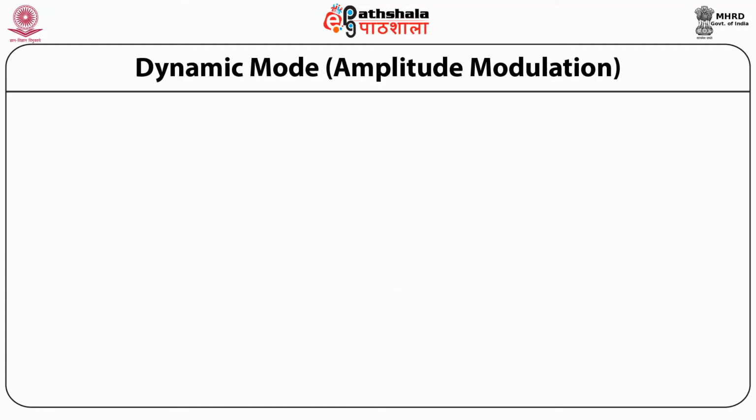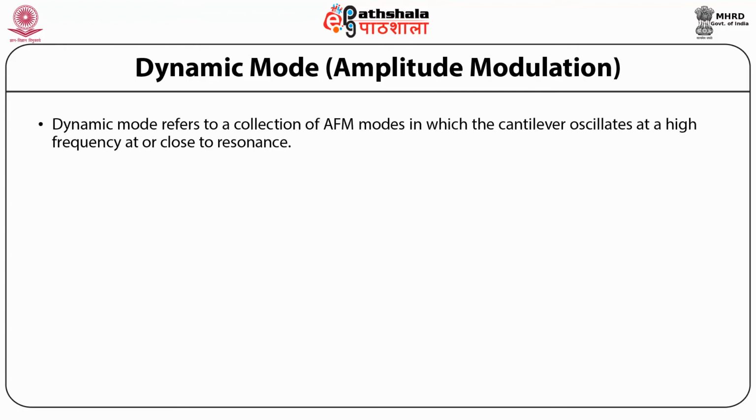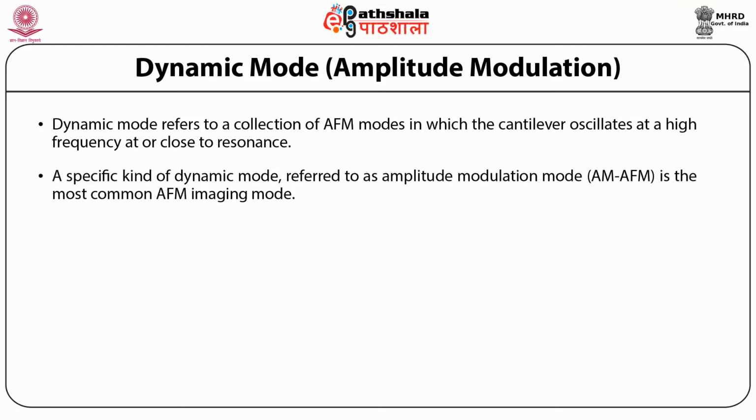Let us now discuss the dynamic mode, amplitude modulation. This mode refers to a collection of AFM modes in which the cantilever oscillates at a high frequency or closer to resonance. A specific kind of dynamic mode is referred to as the AM-AFM, which is the most common AFM imaging mode.